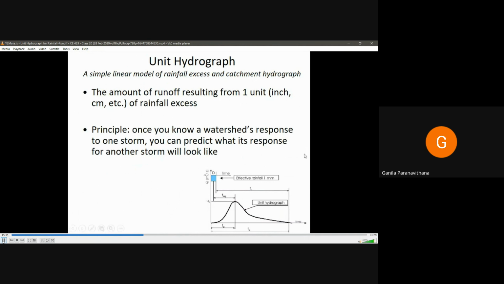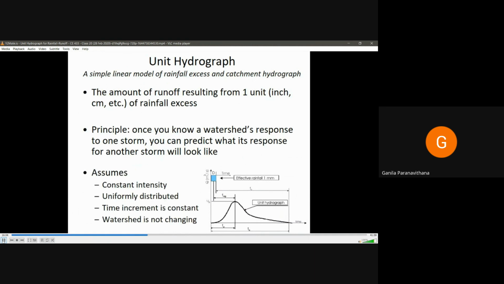If you know the response for 1 inch of rainfall excess, then you can linearly scale the response to 2 inches of rainfall excess. The hydrograph isn't in response just to 1 inch of rainfall, it's to an inch of rainfall excess. It's just the stuff that's left over after all the other taxes, maybe you think of them, on the rainfall itself, the things that decrease the quantity of rainfall that's going to be running off.